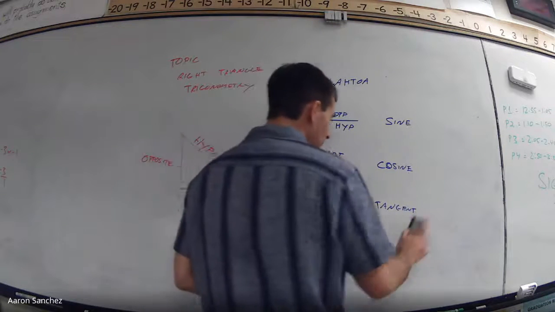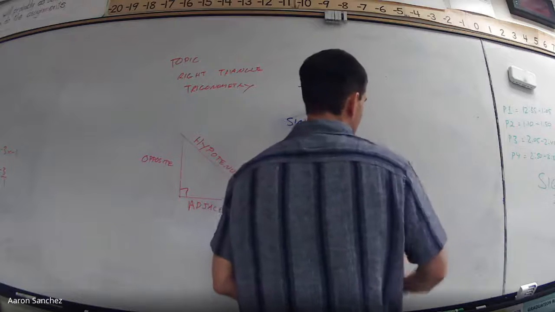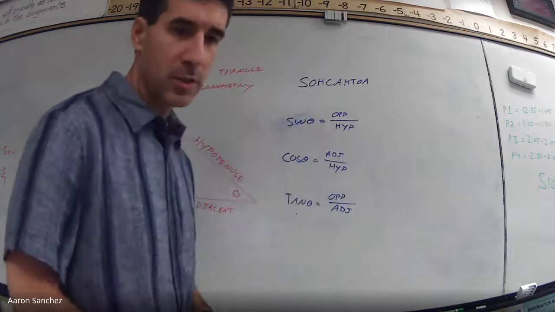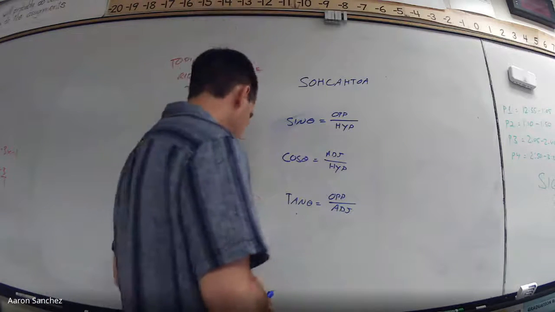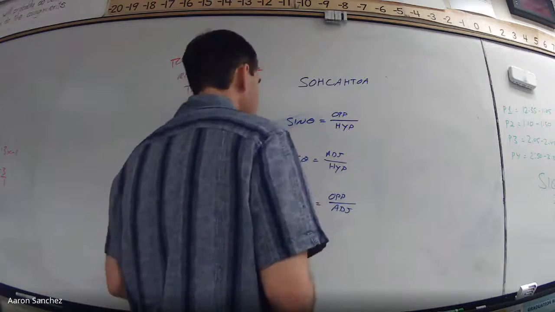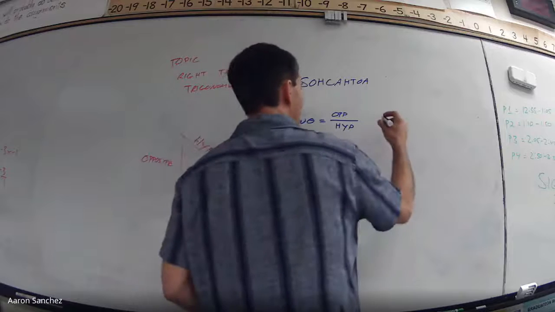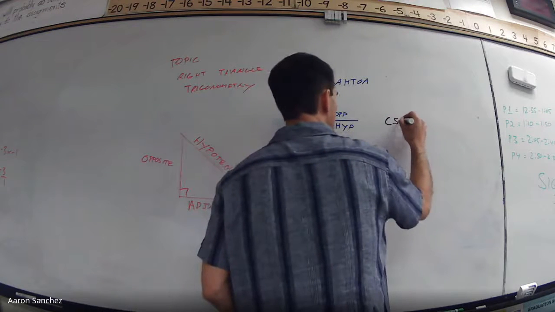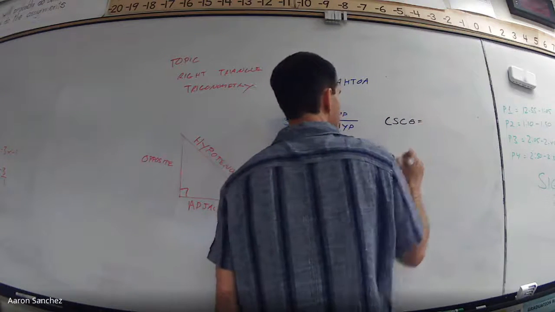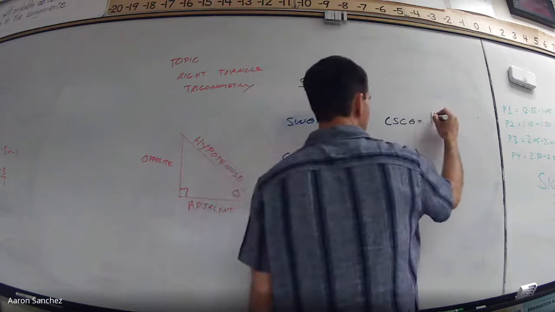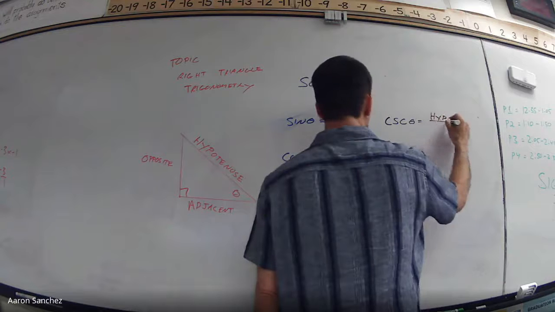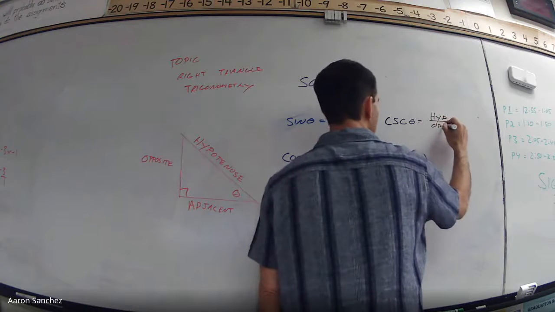Now, there are 3 other trigonometric functions. There are 3 others that you don't know, but they're really not that hard. There is also cosecant of theta. Cosecant is equal to hypotenuse over opposite.